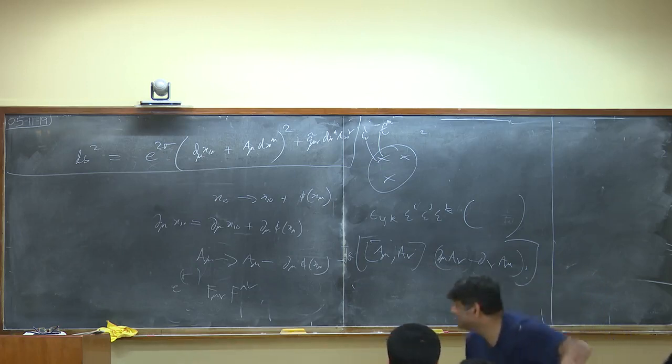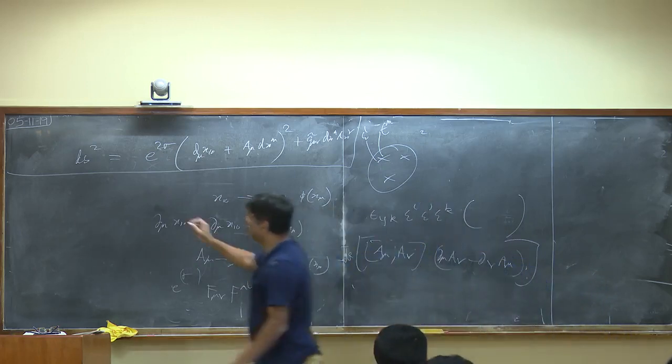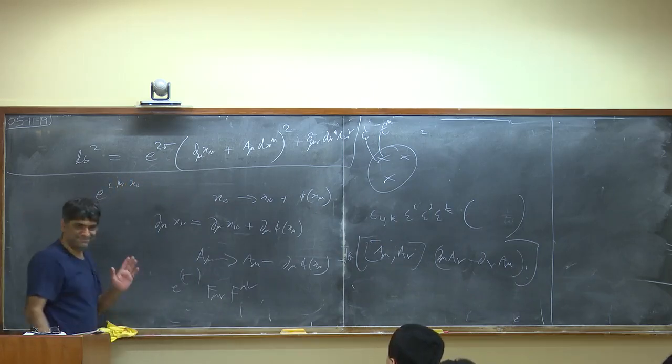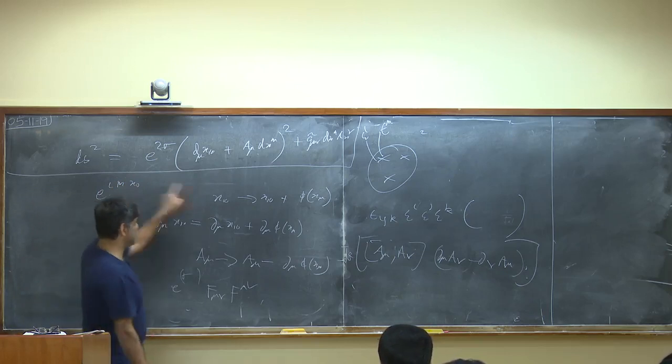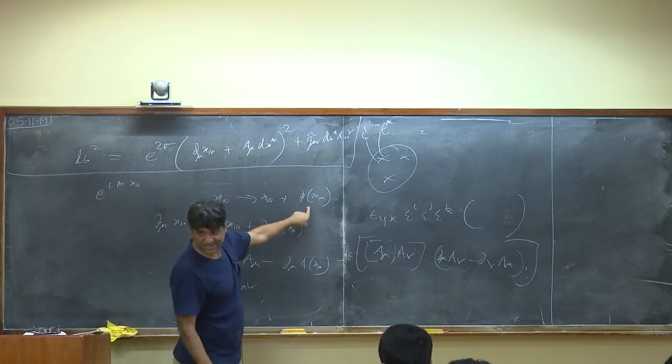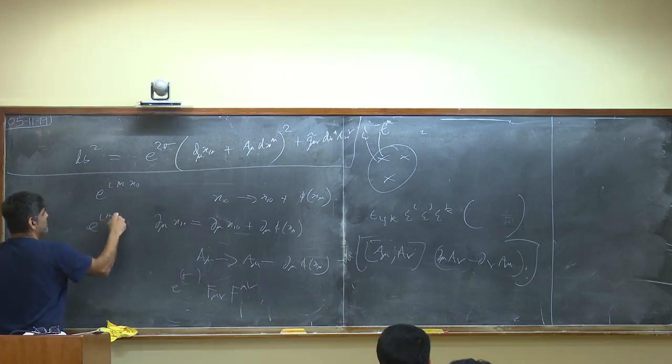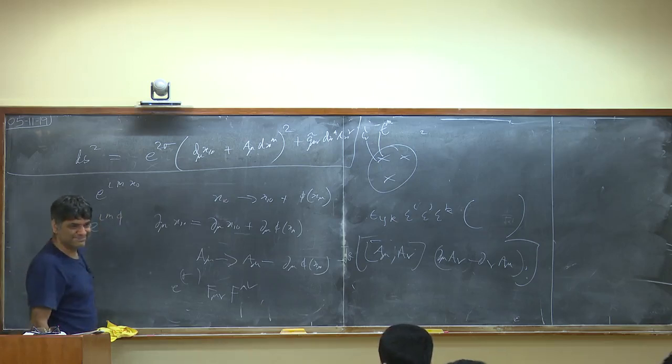It was x10. So suppose I have e to the power i m x10. Then under the same shift, how will this transform? It will pick up a factor of e to the power i m phi. So this is a particle of a charged field with charge m.